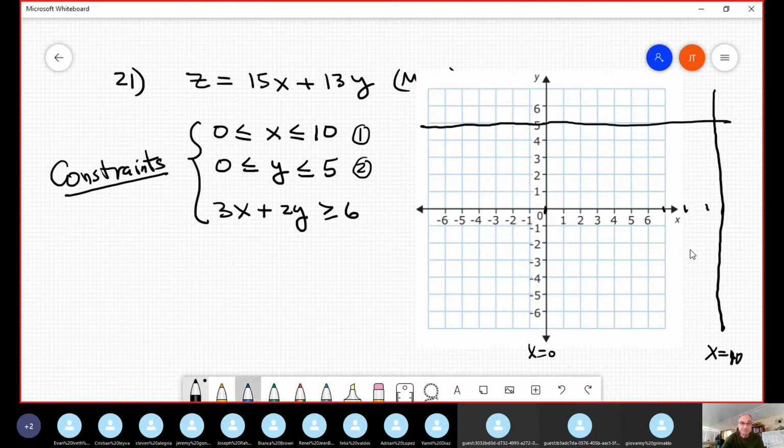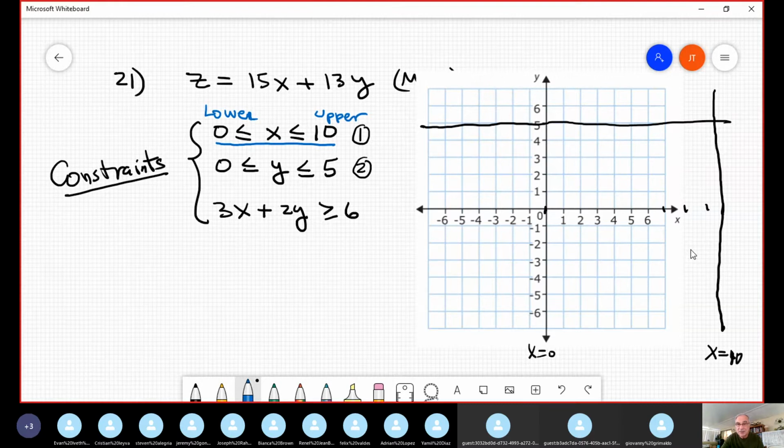The first inequality is this: the x value between 0 and 10. The y-axis is x equals 0, and the vertical line x equals 10 is the upper bound, in this region.